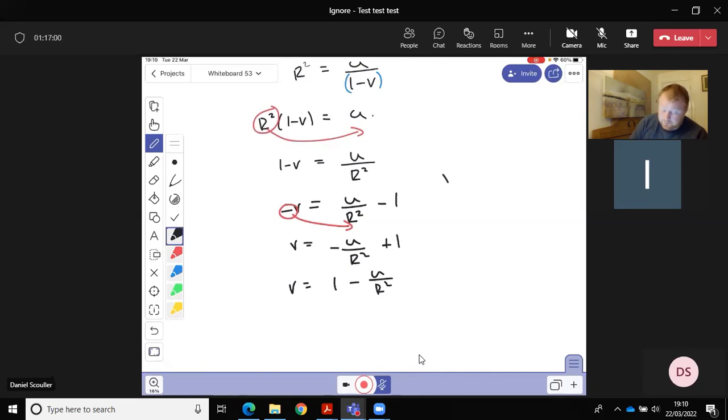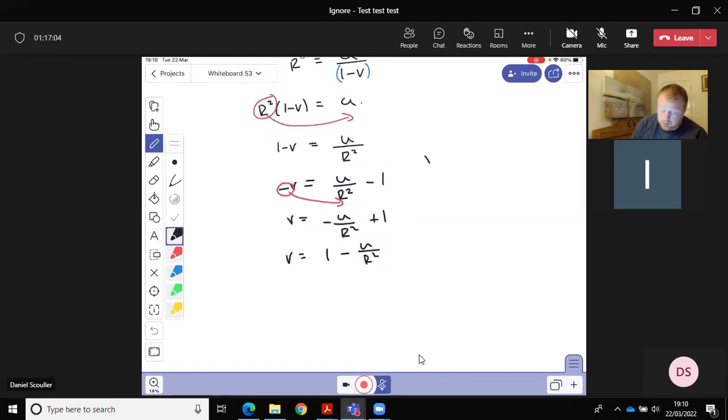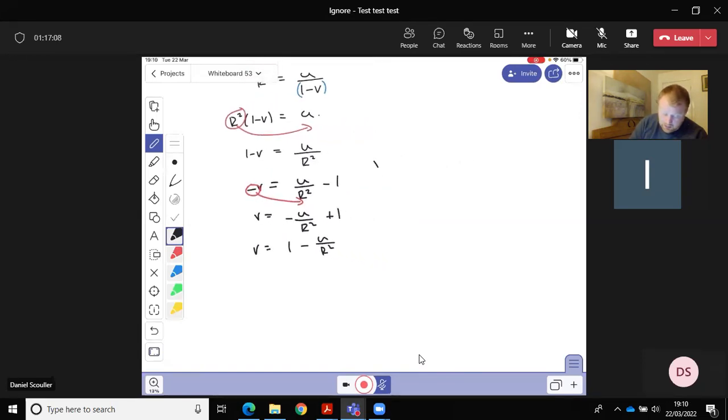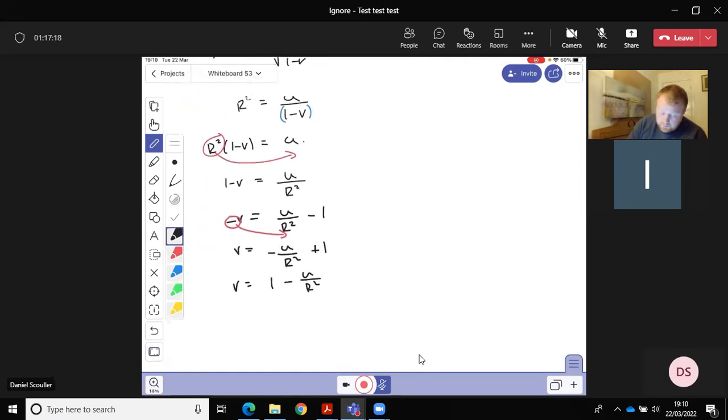Now, that doesn't look the easiest way, so we could have written that out in a slightly different manner. At this stage I'll write this out again.